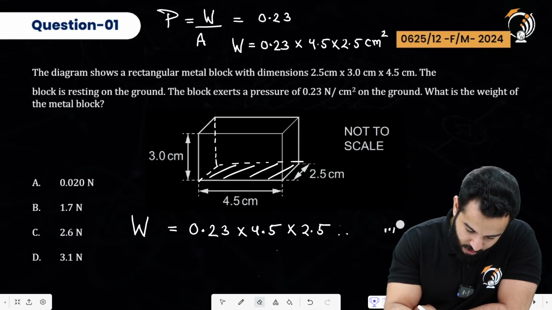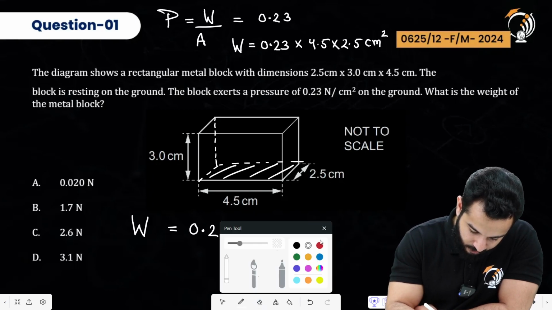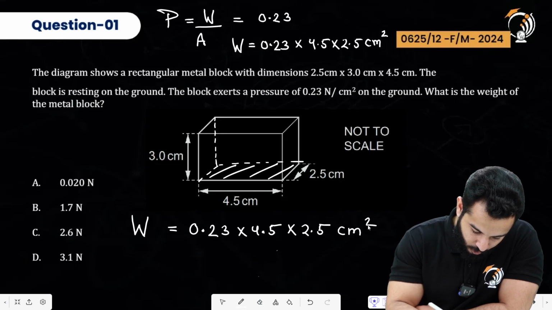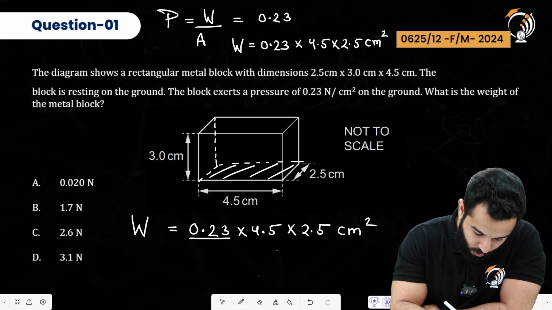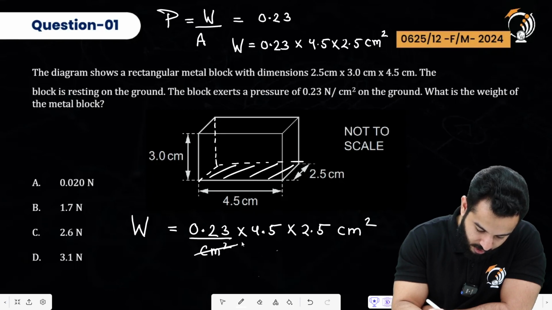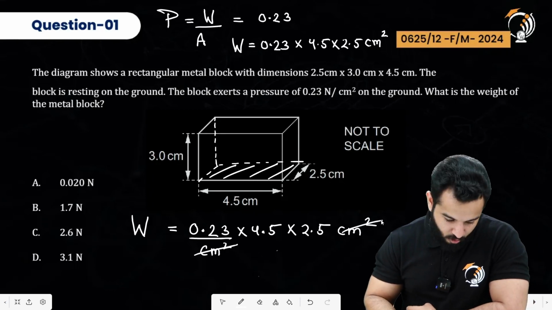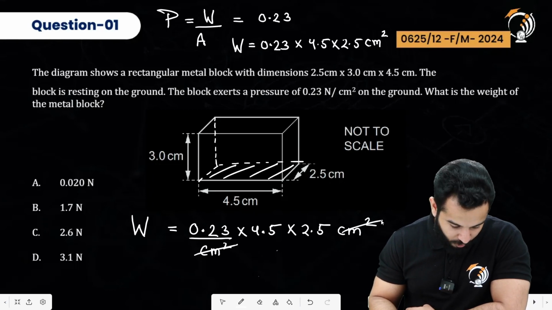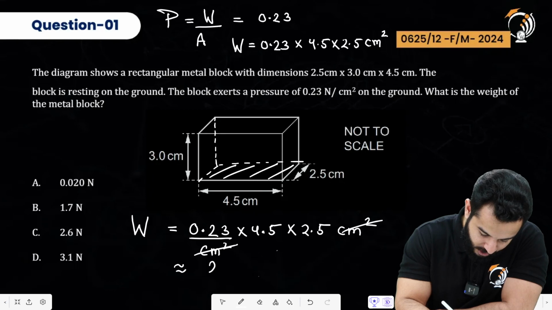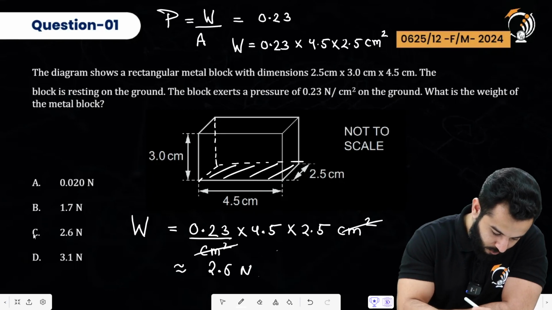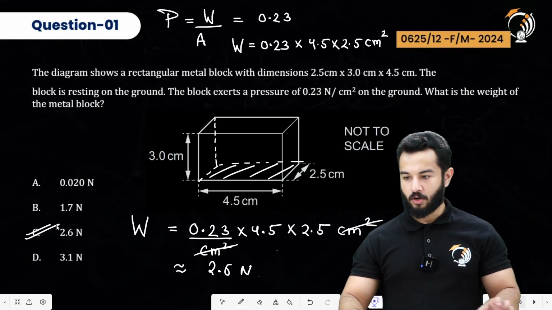So when we write 0.23 Newton per centimeter square, this can be cancelled out. So this answer is around 2.58, which is nearly 2.6 Newton. That's all. Hopefully you have got it.